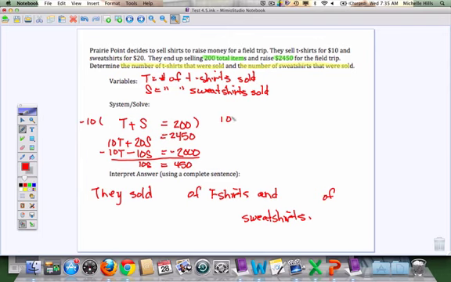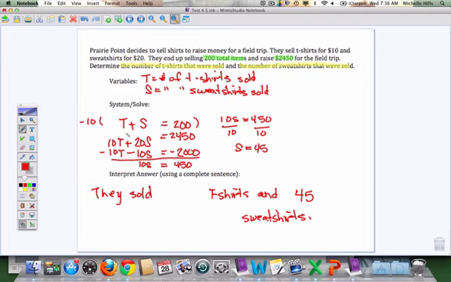And I'm going to bring that up here to work with 10s equals 450. So then when I divide by 10, s equals 45, which means they sold this many t-shirts and this many sweatshirts.